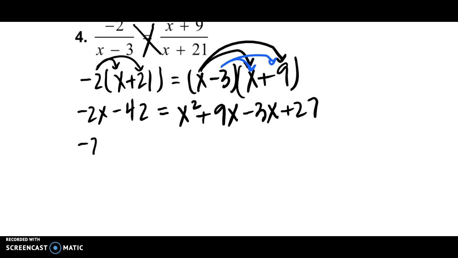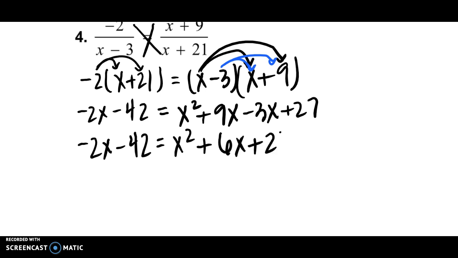Let's combine like terms. So bring this side down, and then here we're going to combine negative x minus 3x, which gives us positive 6x. And bring down the 27. Next part is to bring these that way. So first, let's add positive 2x to both sides.